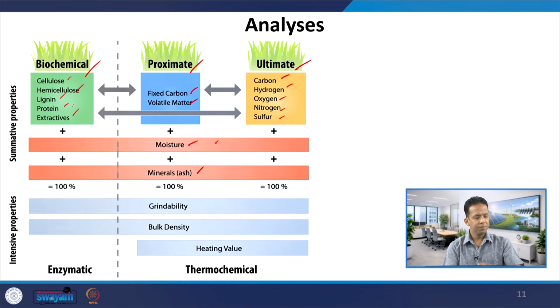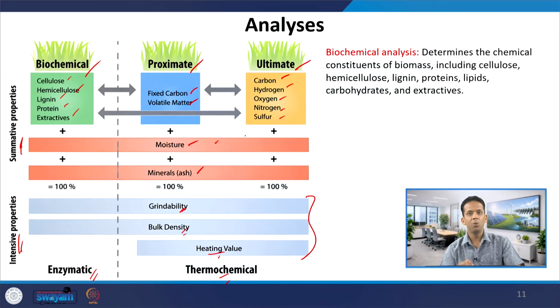This is the biochemical composition, which is done mainly by enzymatic approaches. Proximate and ultimate analysis, and the heating value, grindability, and bulk density are done by thermochemical analysis. These are intensive properties and these are summative properties.